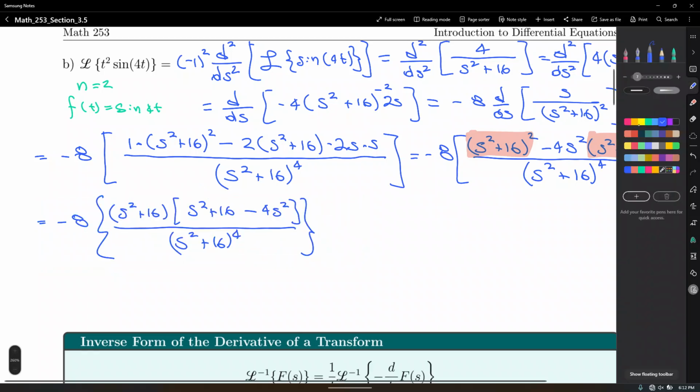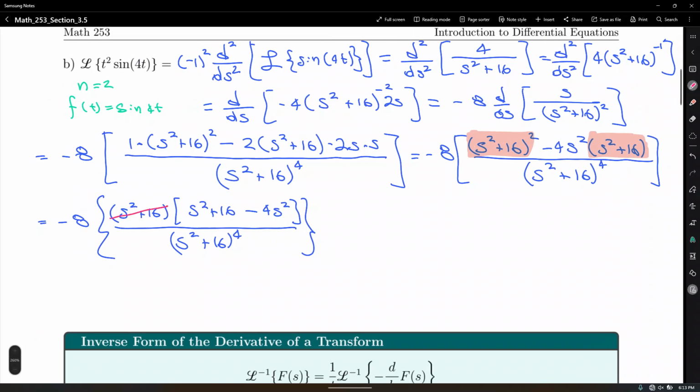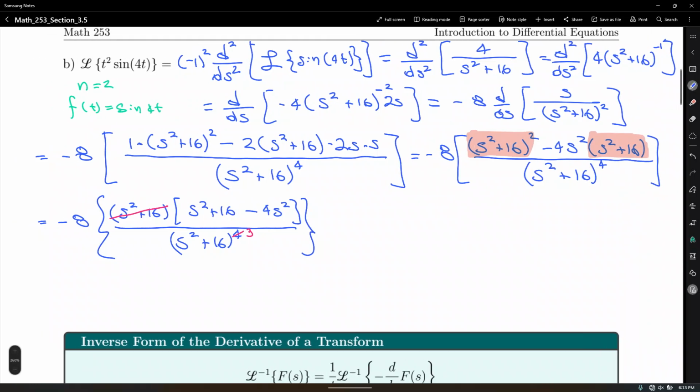Well, the purpose here is to divide out some factors. S squared plus 16, that leaves us with three of them, right? And then, combining like terms, I think I'm going to write that negative 8 in the numerator, negative 8 times (s squared minus 4s squared, is that negative 3s squared?) and 16 in the front, and divide that by (s squared plus 16) quantity cubed.